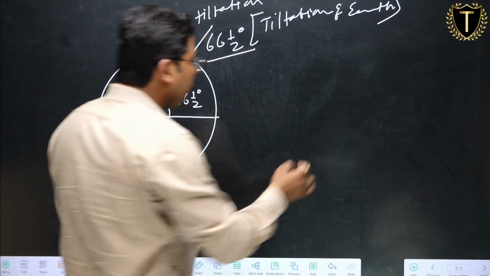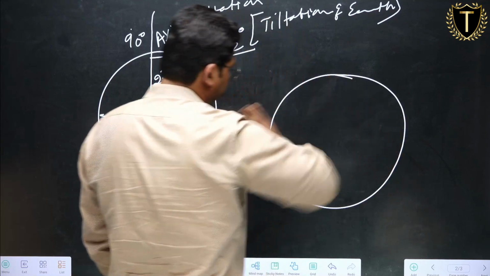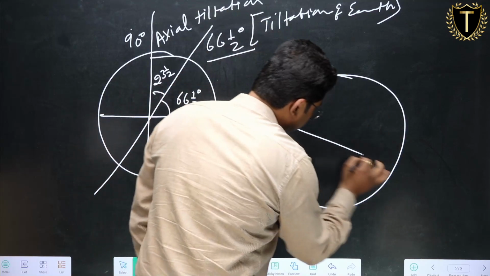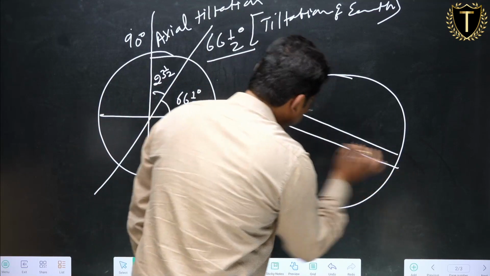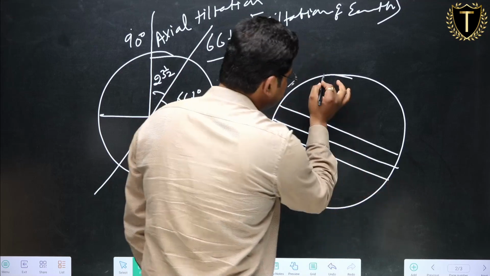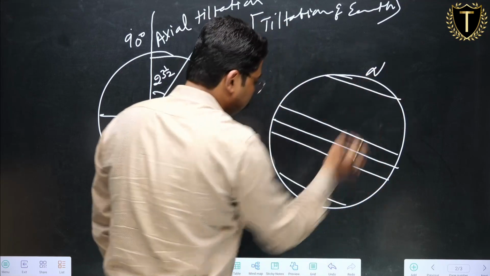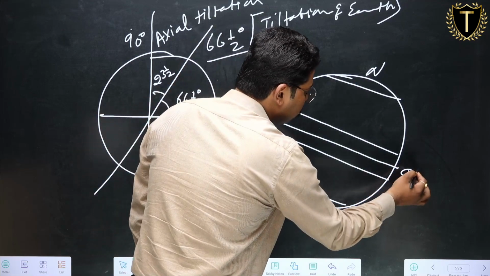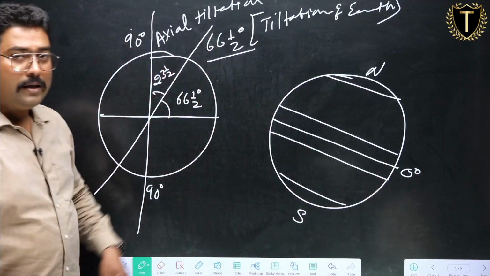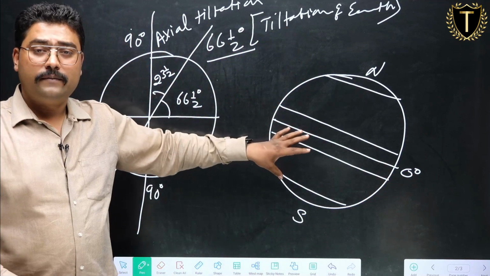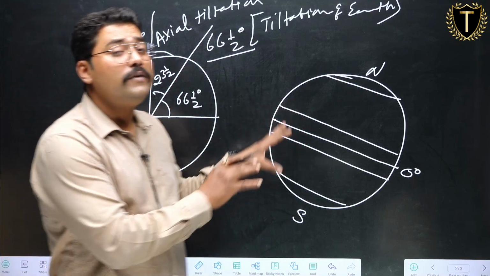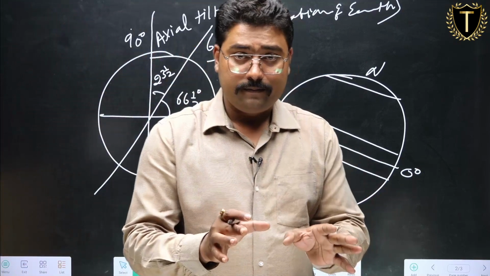Means our original Earth is like this, north and south 0 degree. In this manner only, the Earth is revolving around the Sun.